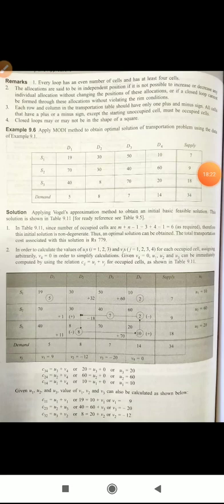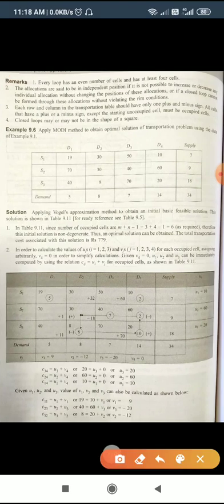So this is the question. First of all, we find the initial basic feasible solution using the VAM method, Vogel's approximation method. For these questions we can also use the northwest corner or least cost method.